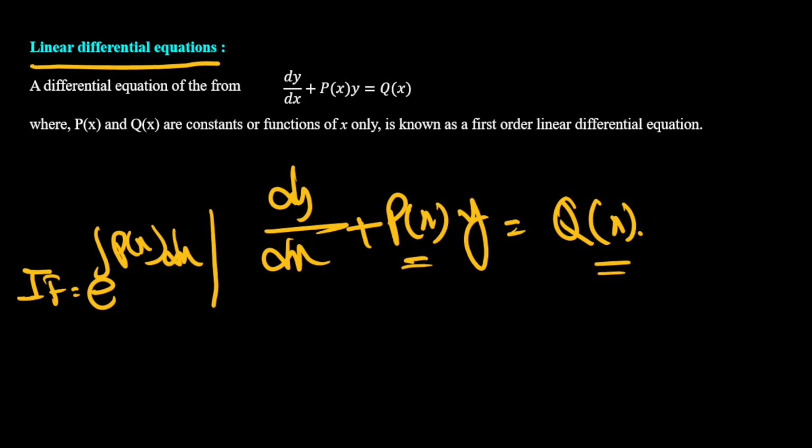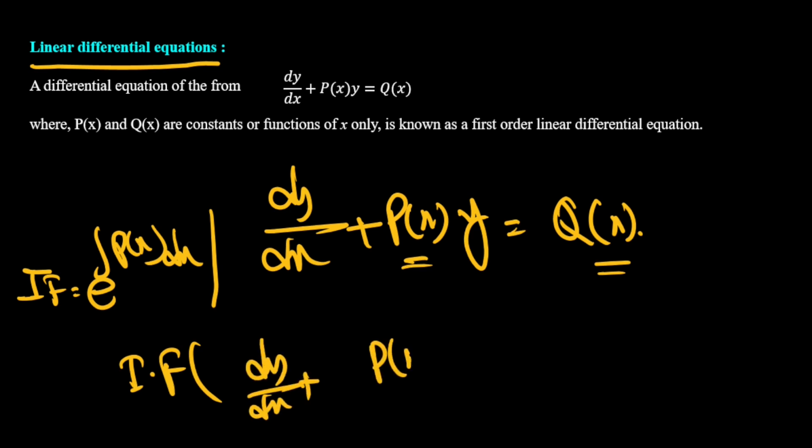So after finding the integrating factor, we multiply the entire differential equation by the integrating factor. So integrating factor into dy/dx plus p of x y is equal to q of x into integrating factor.